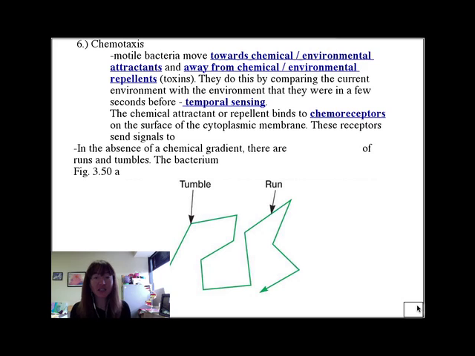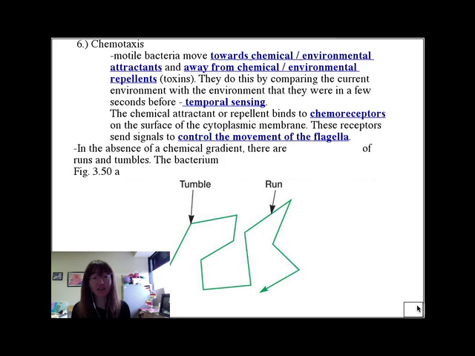So the chemical attractant or repellent binds to chemoreceptors. That triggers this whole cascade. Some of you will recognize things like methylation, phosphorylation. Those are events that take place to then allow the proton motive force to swish in and dictate the control of the flagella, the movement of the flagella. So this chemotactic process is what gets bacteria from one place to the next.